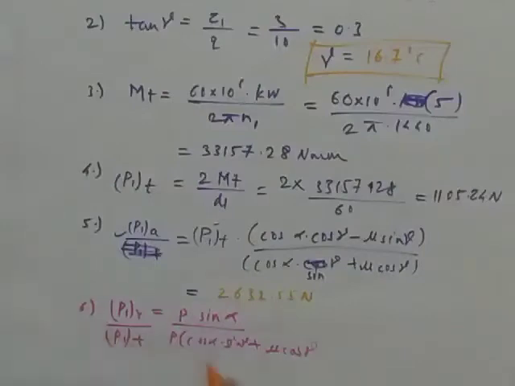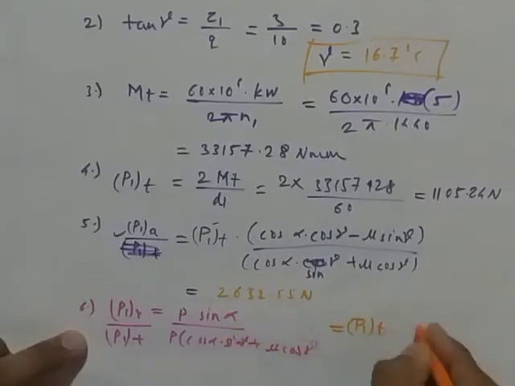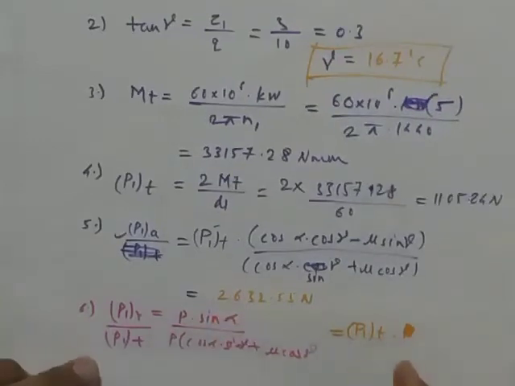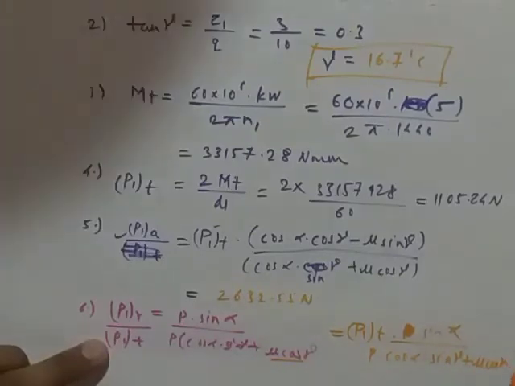Now we have this equation. Simplifying, we'll write P1T into this equation, that is P sine of alpha divided by P cos of alpha into sine of gamma plus mu cos of gamma.